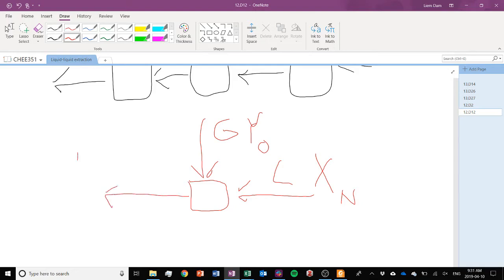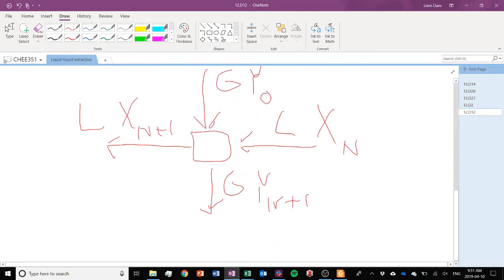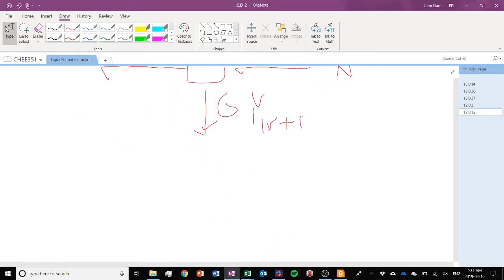Exiting, you're also going to have the liquid flow rate as well as a new ratio, Xn plus 1. Same thing for the gas, Yn plus 1. Because we're using weight ratios, we don't have to worry about the flow rates because they will always stay the same, so we can completely disregard that.